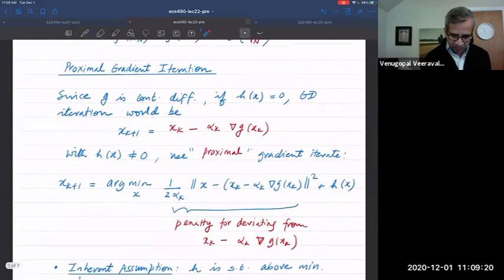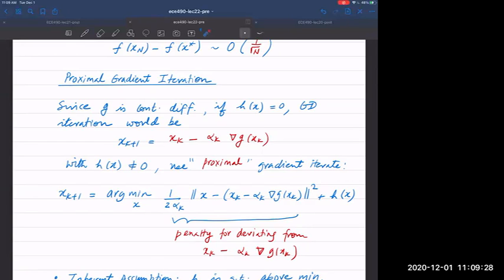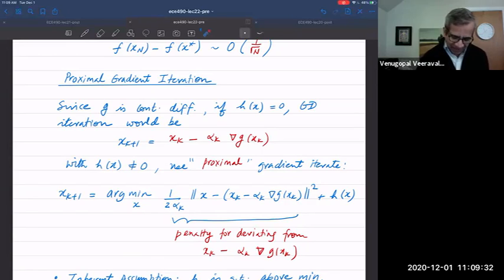All right. So what's the catch? Anyone can see? You have to find the minimum. Yeah, so you have to find the minimum of this function, right? But at least it's a strictly convex function.